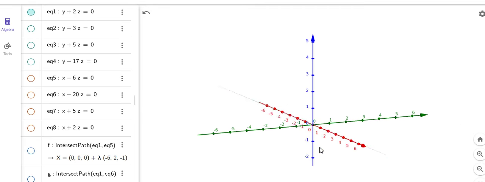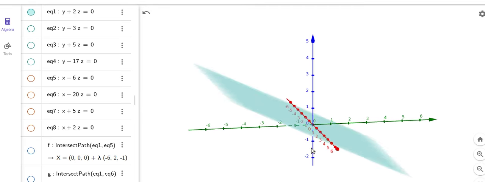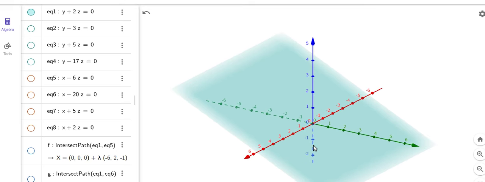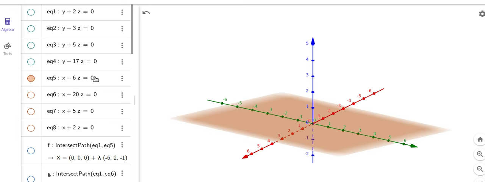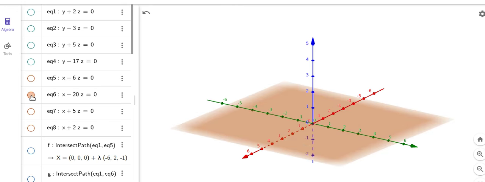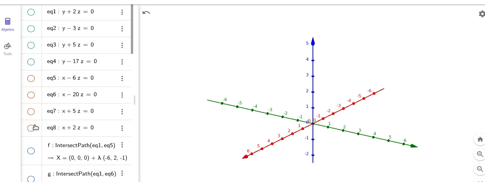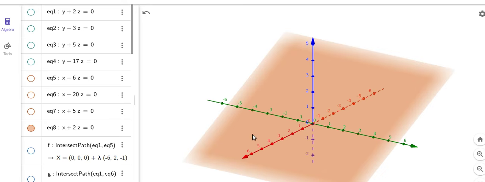So you have to understand, any plane which passes through the x-axis will have the coefficient of x being 0. And I'll show you another thing. See, here the y value is missing, so I know it will pass through the y-axis, the green axis. You can check any of the planes. If y is missing, it is bound to pass through the y-axis.